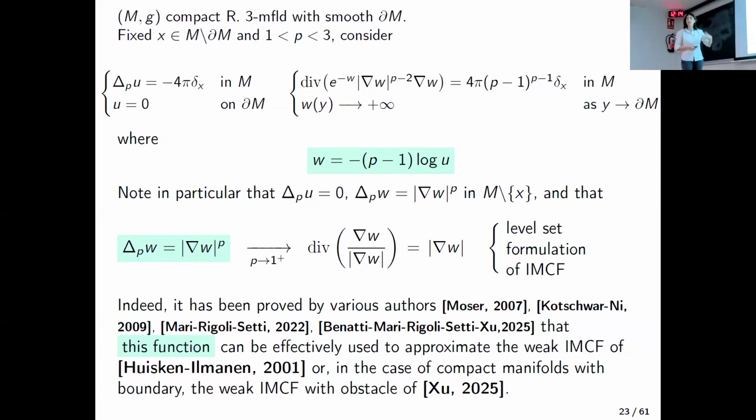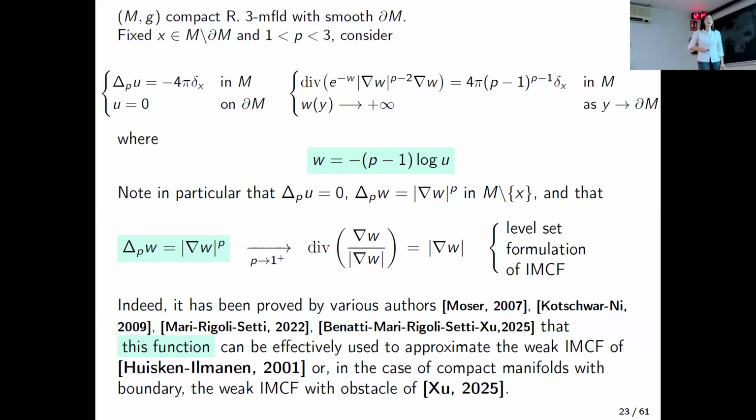But before arriving to it, let me recall this important result: through this change of function, it is possible to prove, and this was the first result in this direction, by Moser in 2007 in the Euclidean space, the existence of the inverse mean curvature flow, by proving that these w_p functions converge locally compactly in L infinity, sorry, L infinity loc, to the solution of the inverse mean curvature flow.